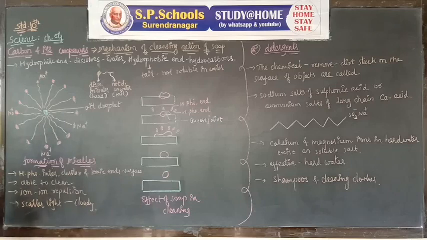Here one thing is that the hydrophobic part combines with the interior cluster and the ionic ends are on the surface of the cluster. Because of the interior cluster and the ionic ends on the surface, the soap is able to clean the cloth.